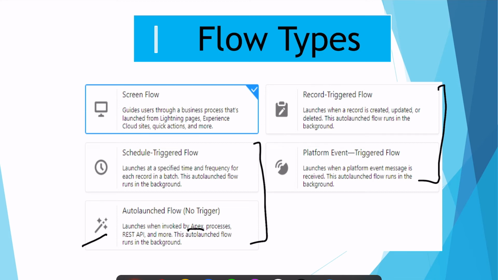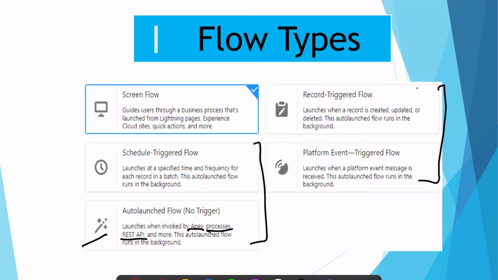To call from Apex, we can redirect or execute a URL from the Apex. That way the auto launch flow will execute. We can call from Process Builder or other flows also. We can call from REST API and more, meaning we can execute auto launch flow wherever we can use or execute the custom URLs. So this is the auto launch flow.